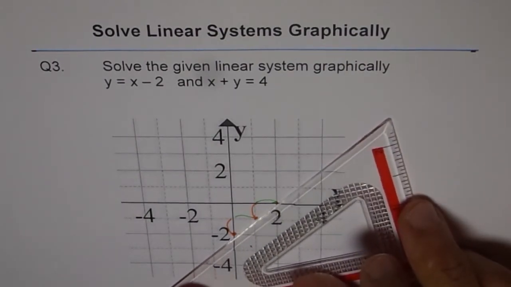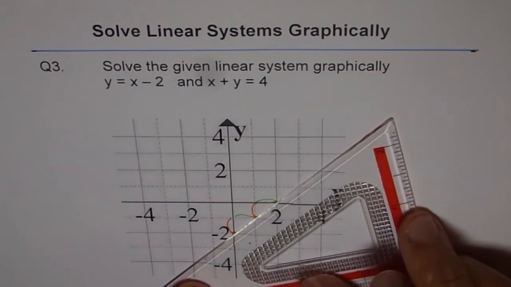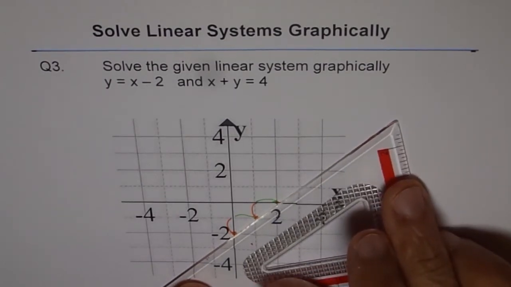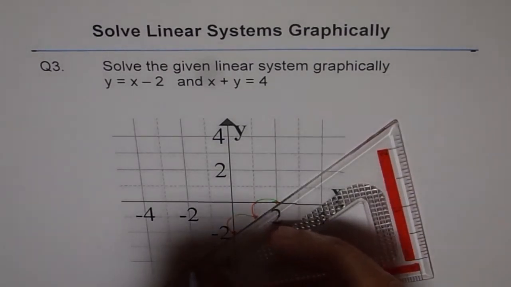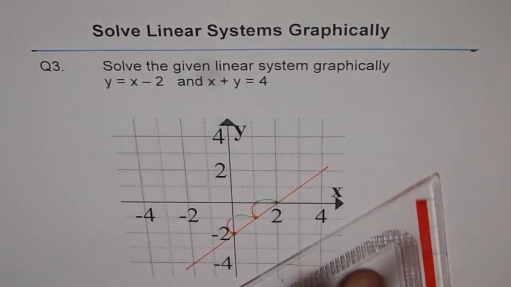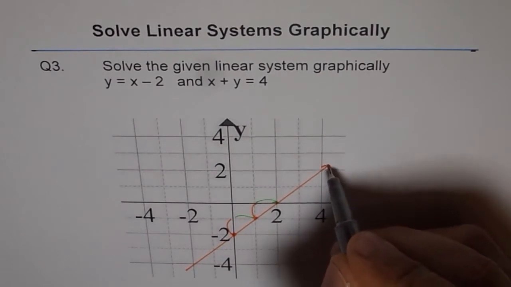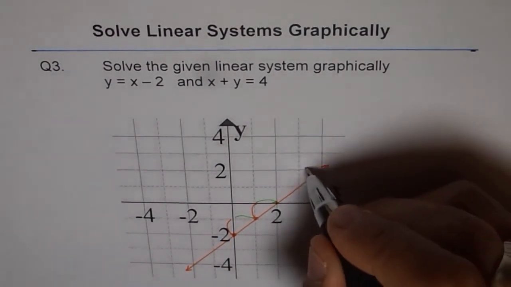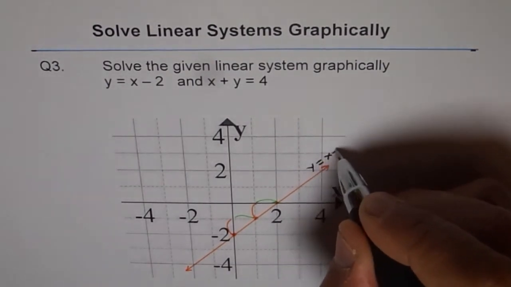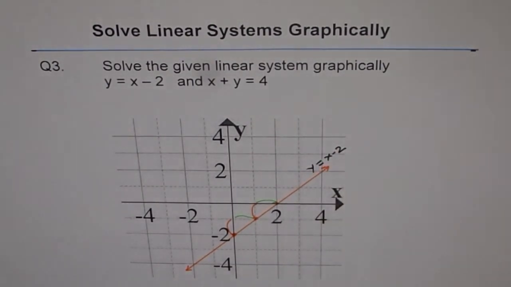So let's sketch this line. It is going through these diagonals, and they are all aligned. Once aligned, it's a good time to sketch the line. There it is. So we can draw this line here, and we can write down that this line is y equals x minus 2. So that's the first line.